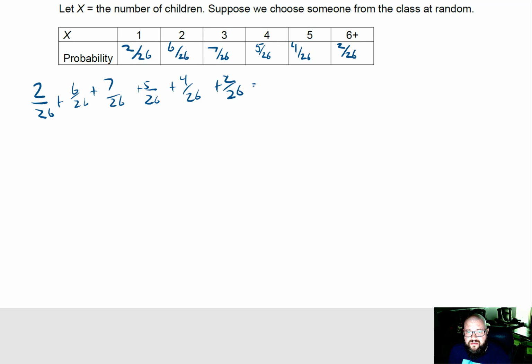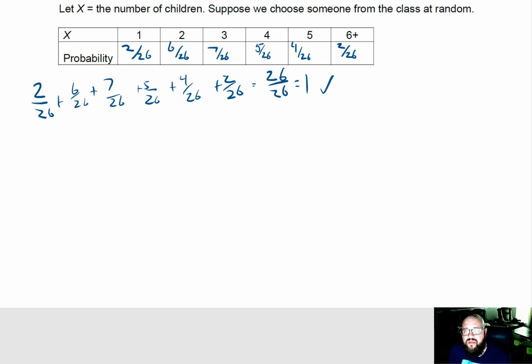Alright, so that gives us 2, 8, and 7 gives us 15, and 20, and then 26. So we got 26 over 26. So this should give us 1. So we know we're good with that.